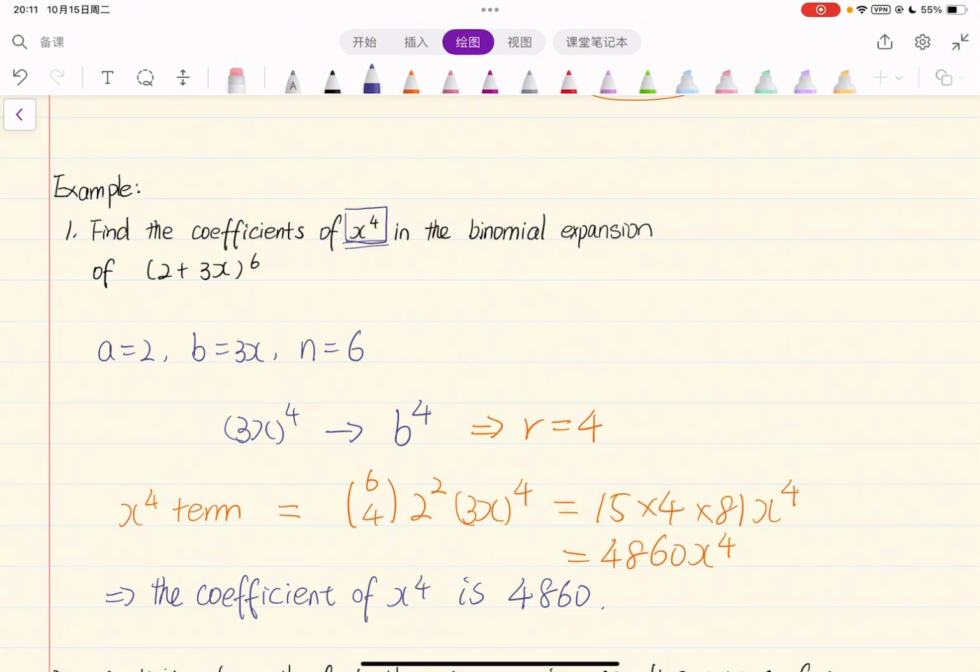For this question, you need to quickly define what a, b, n, and r are. As you know all of them, then you can define which term it is, and now you can find the coefficient of that.